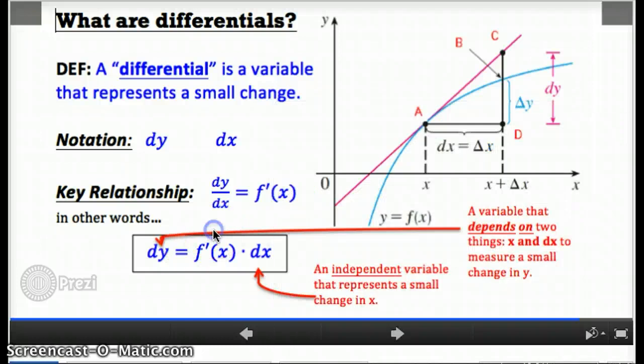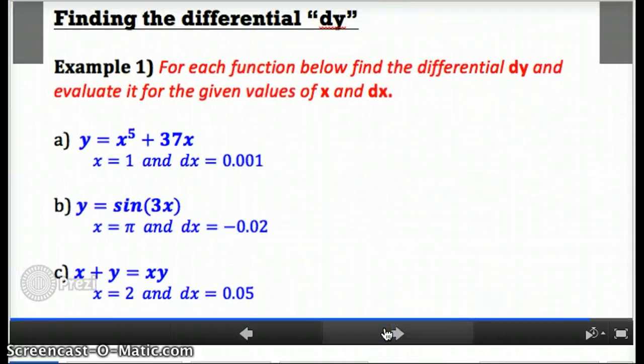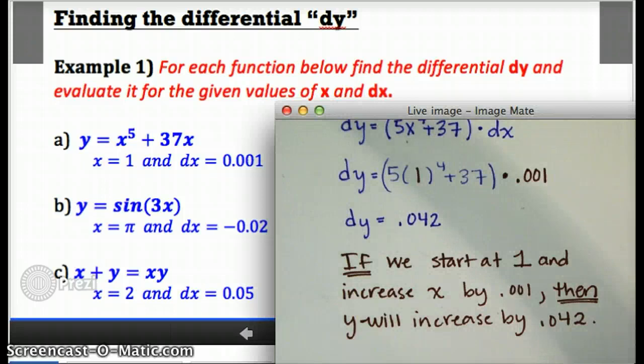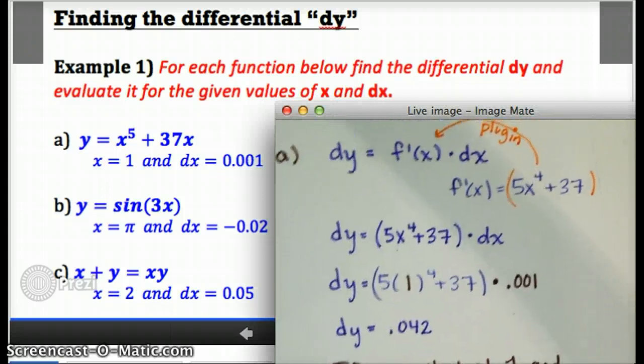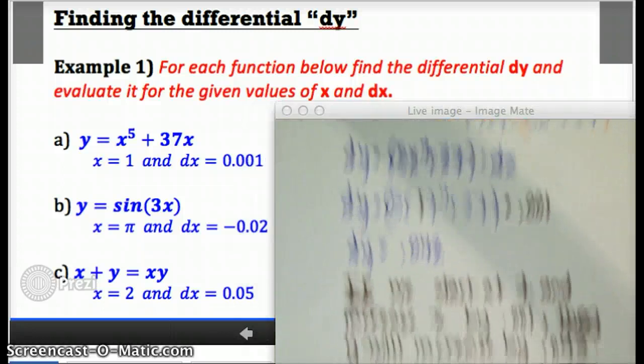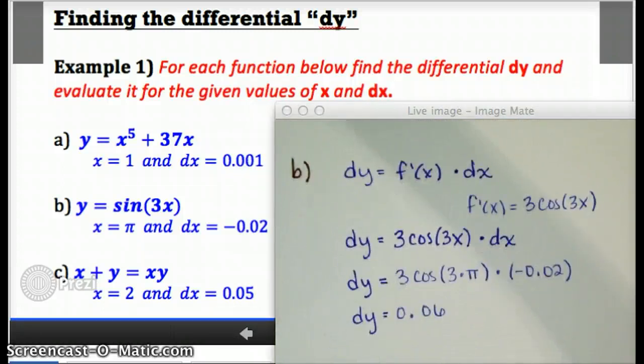Okay, why don't you try B and C, and again, you want to repeat the process that I just followed to find the differential. The work looks like this. So hopefully B was pretty easy, and you can just check my work. Remind me again, what does the answer mean? What does dy equals 0.06 mean?